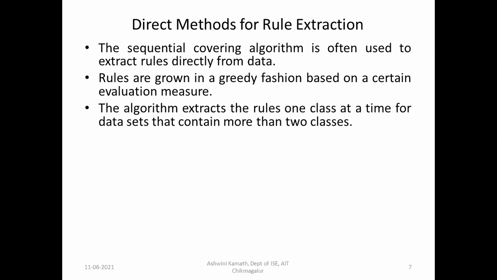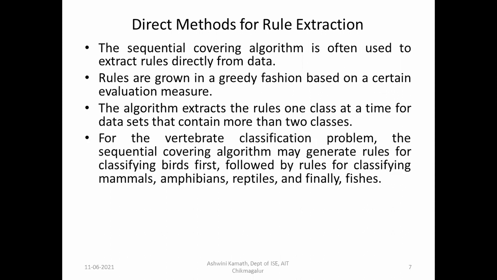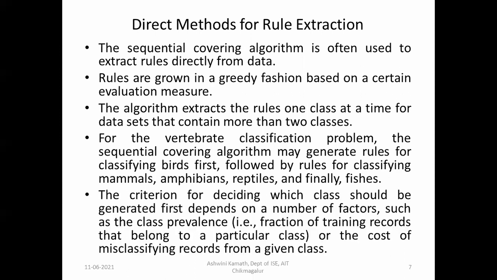When we have three, it considers one at a time, based on the class label. For the vertebrate classification problem, we have many labels, like birds, mammals, amphibians, reptiles, and fishes. Here the sequential covering algorithm may generate rules for classifying birds first, followed by rules for classifying mammals, then amphibians, then reptiles, and then fishes.